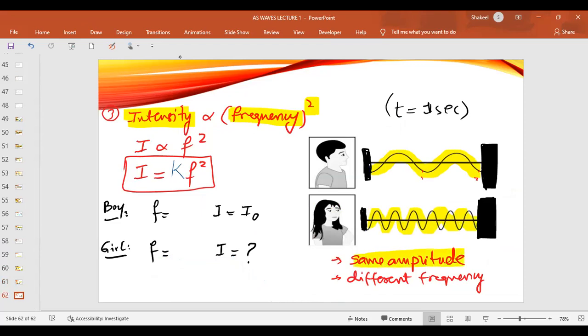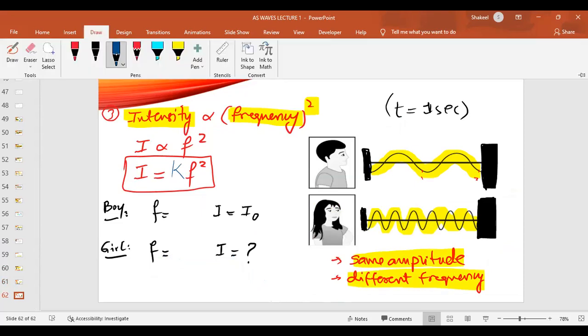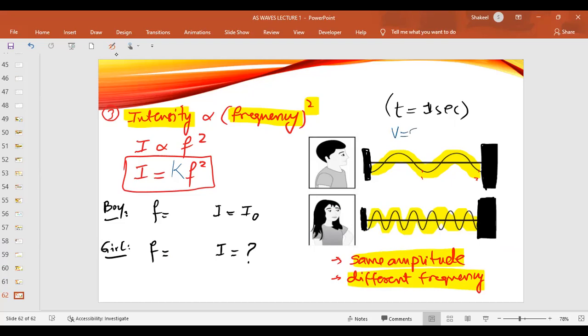Let's say they have the same amplitude, but different frequency, and they have the same speed as well, because both the boy and the girl are talking in the same air, as the medium is the same, so their speed is the same and their amplitude is the same. But the number of waves is different. The boy is producing fewer waves in 1 second and the girl is producing more waves in 1 second. It means the girl's frequency is higher than the boy's frequency.